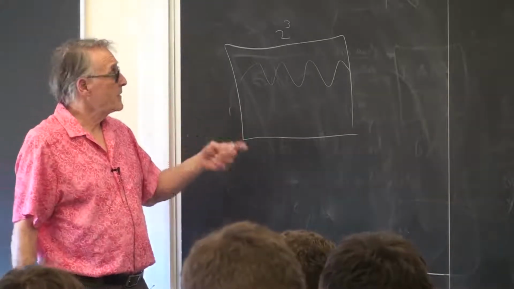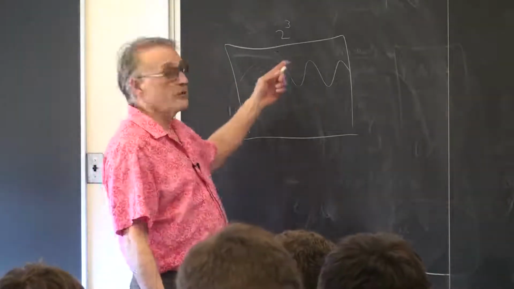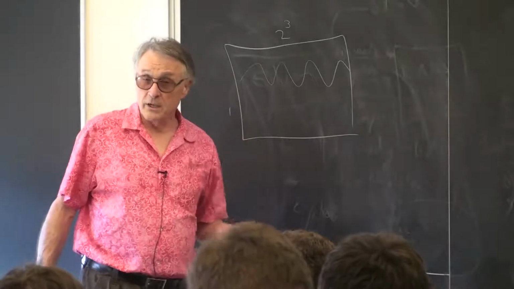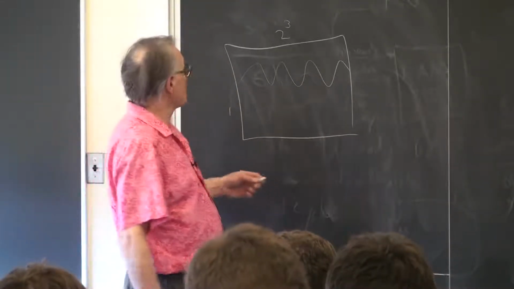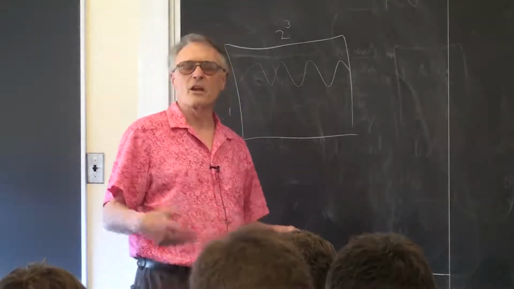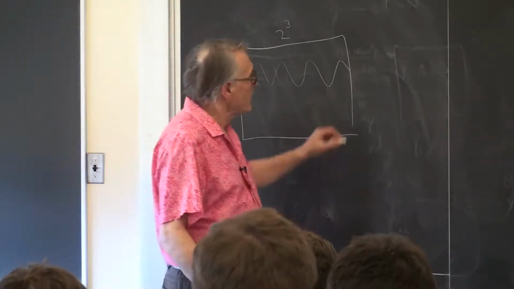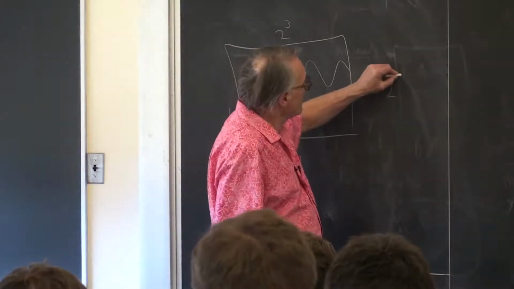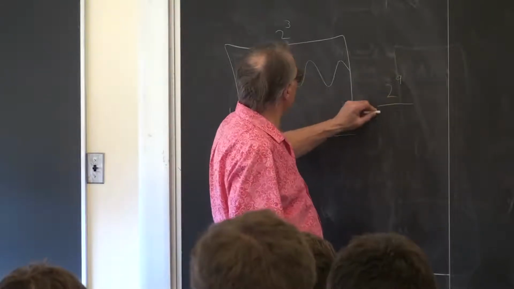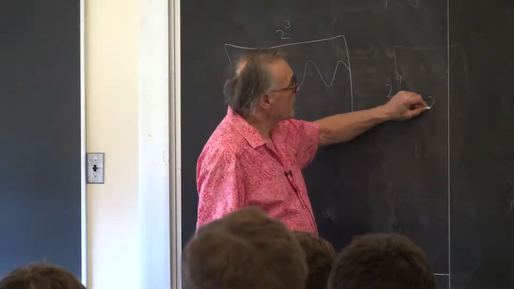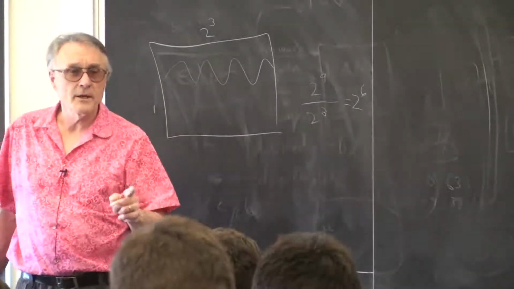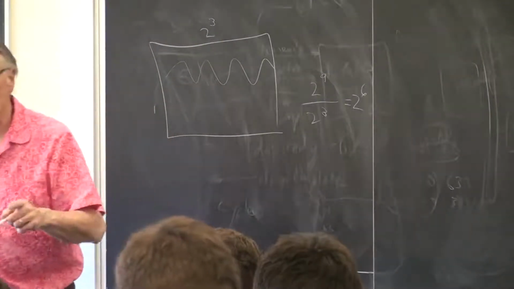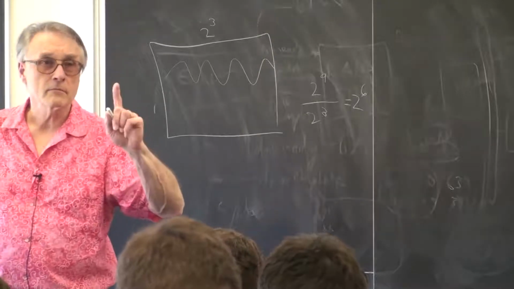So we have 640 points to do 8 full cycles, so that's 640, well, let's call it 512, it's close enough. So we have 2 to the 9th over 2 to the 3rd, so that means it's about 2 to the 6th points per full cycle.